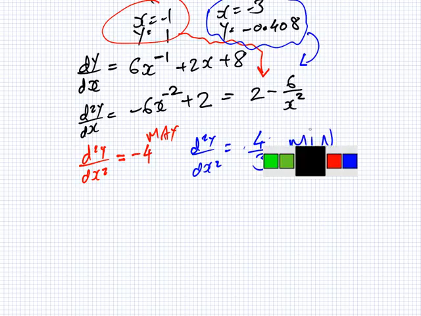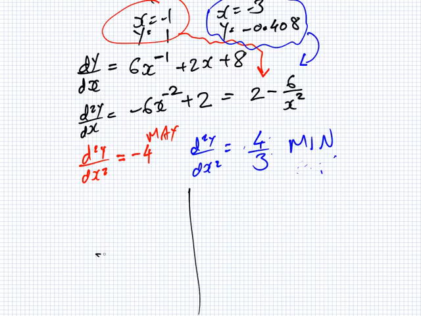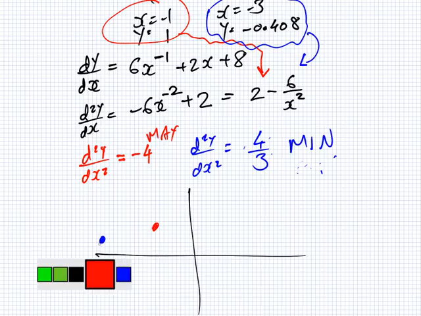Alright, let's try and roughly graph this. The first point I'll put in red, minus 1 and 1, so that'd be something like here. And the second point is in blue, minus 3 and minus 0.4, so that would be here. This red point is a maximum, so it needs to be a kind of hill shape.